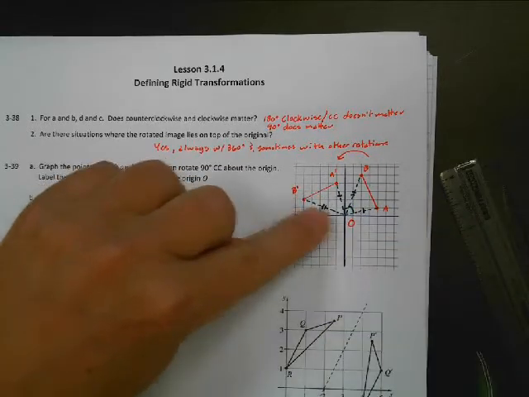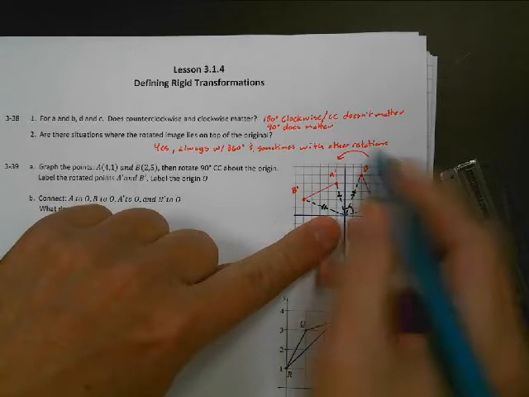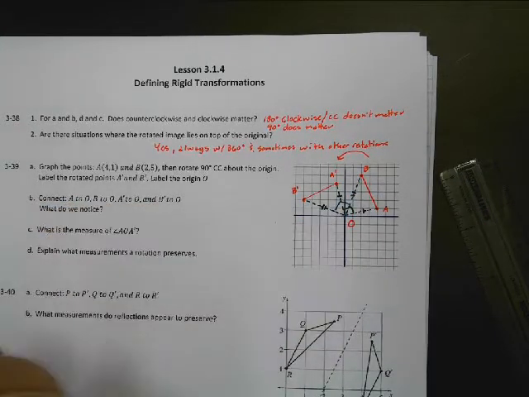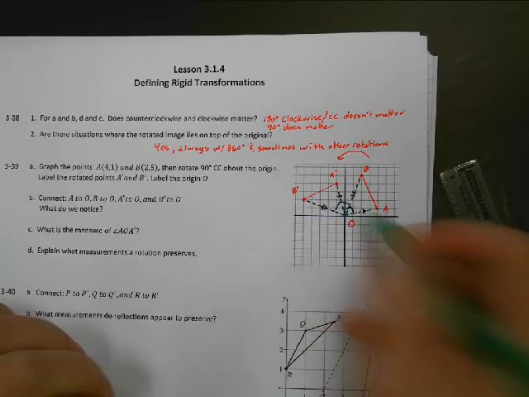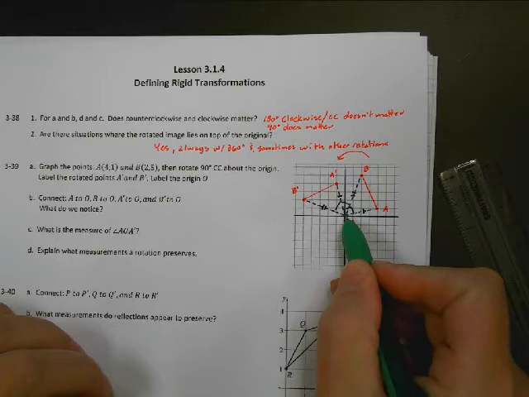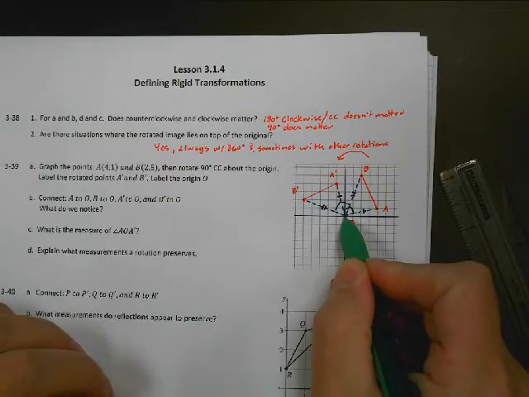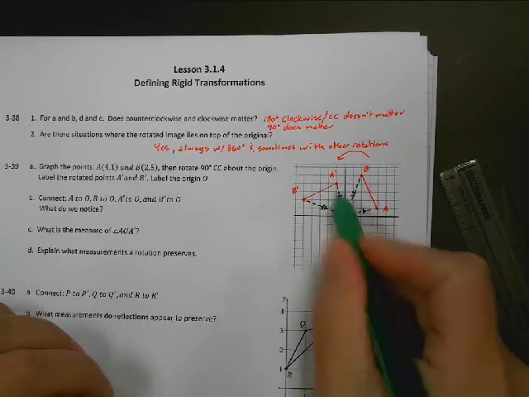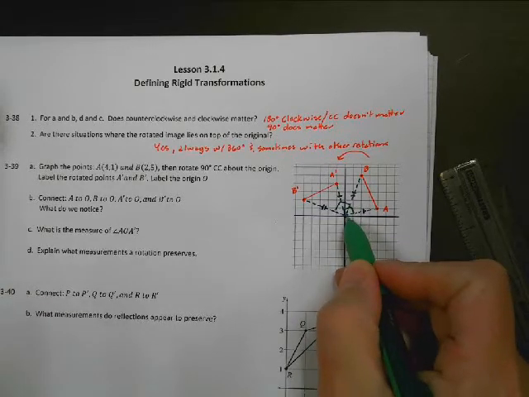And the B's, those really look like 90-degree angles. So it looks like as we're spinning these objects, we're keeping our distance to the origin, and we're creating right angles. And it makes sense because didn't we just spin that 90 degrees? And 90 degrees is a right angle.